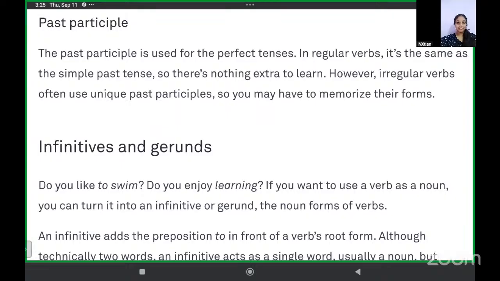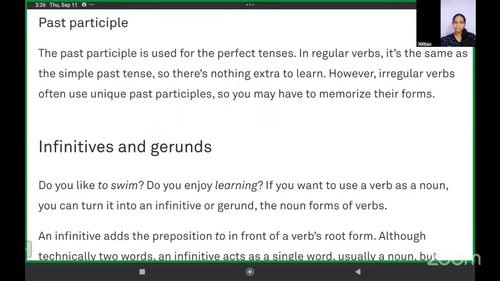What happens in simple past tense? Ma'am, yes, Andrew. In simple past tense, we just add ed. Yes, we just add ed.